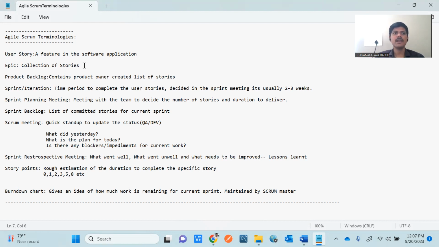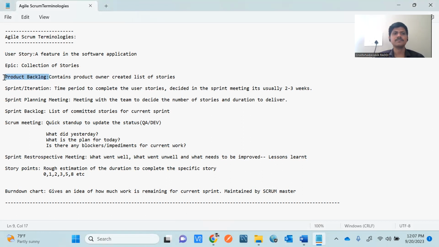An epic is a high level requirement, and that epic can be divided into a number of stories. In this example, the epic is 1 and we have 4 user stories as a part of that epic. So a user story is a specific feature in the software application and an epic is a collection of stories.